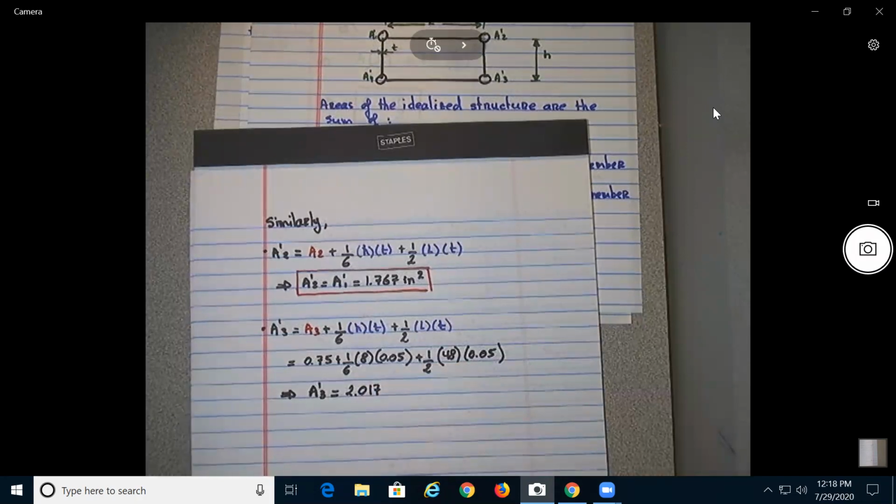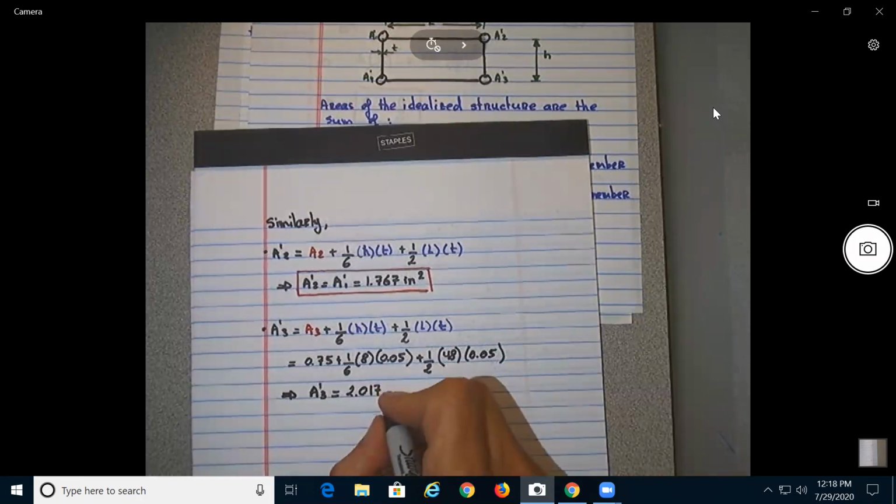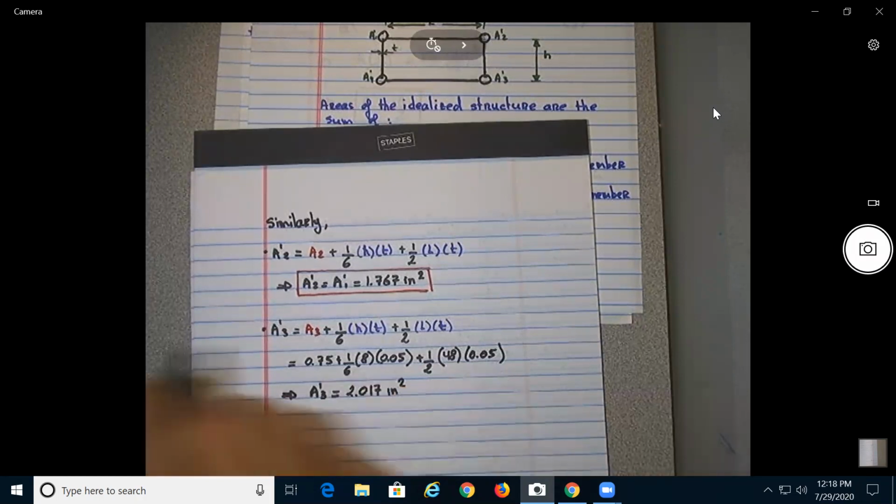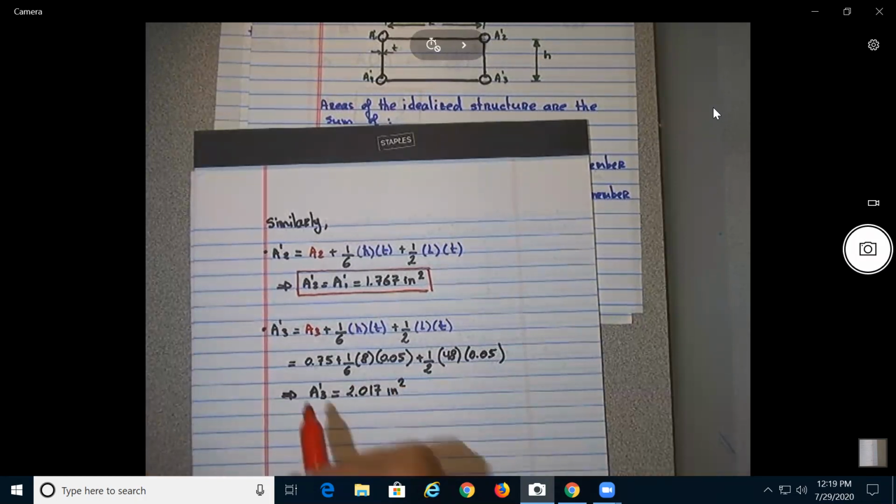It will really be 2.0167, but let's just round it off.